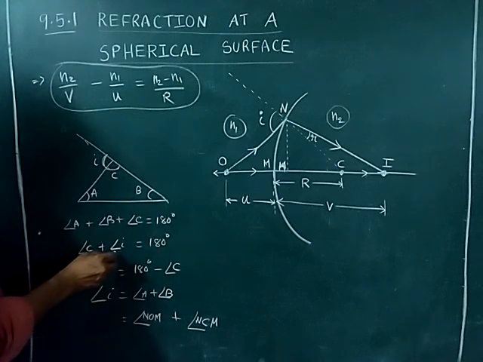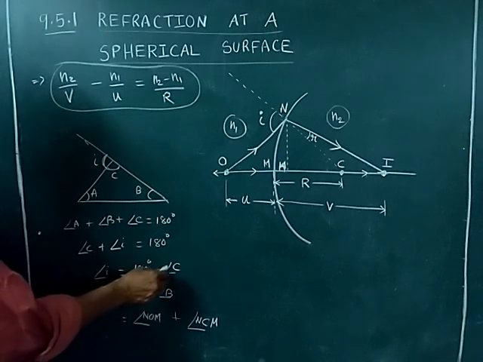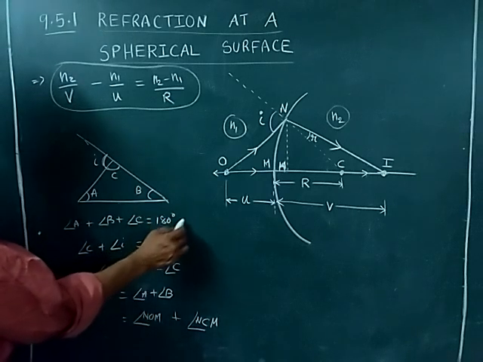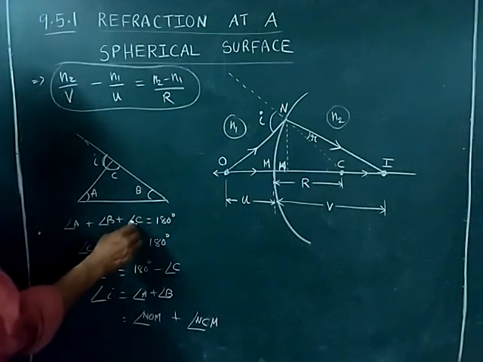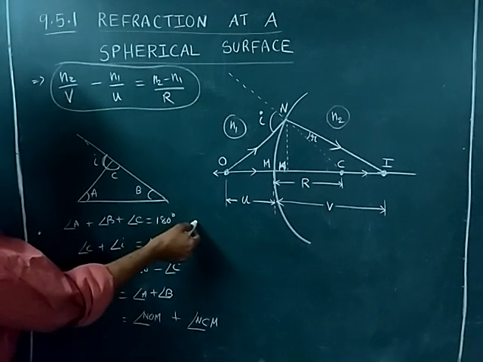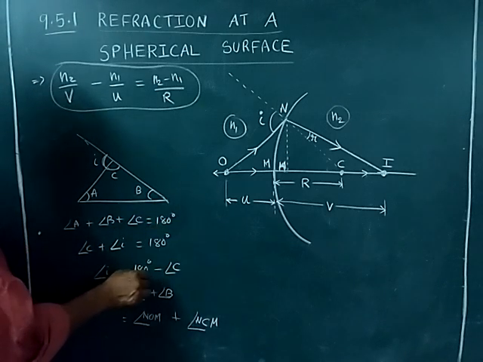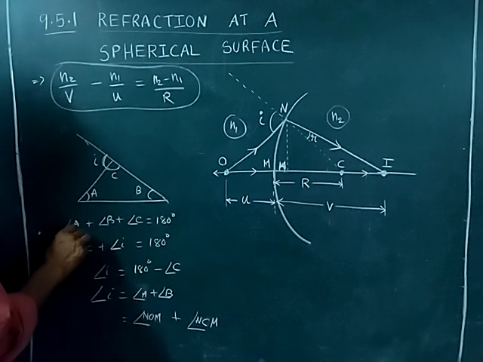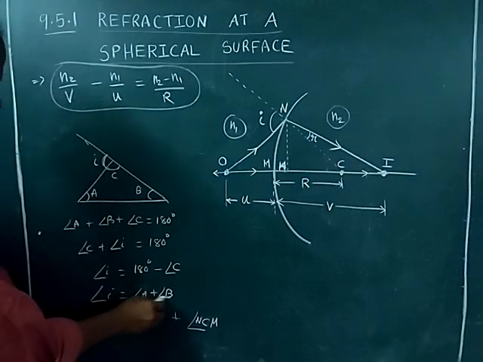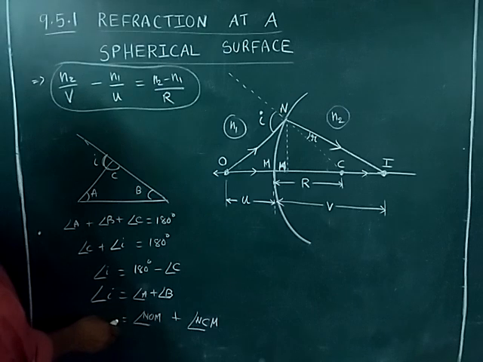Now from this equation, what is angle I? Angle I is equal to 180 minus angle C. But from this equation, angle C moves to the other side, 180 minus angle C. Therefore, in the place of 180 minus angle C, we can write angle A plus angle B. Now angle I is what?